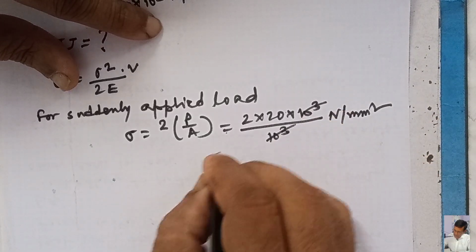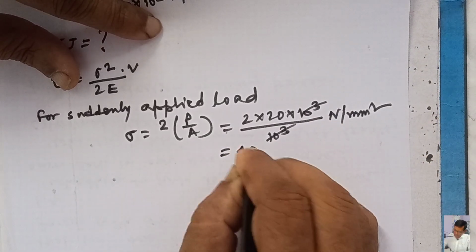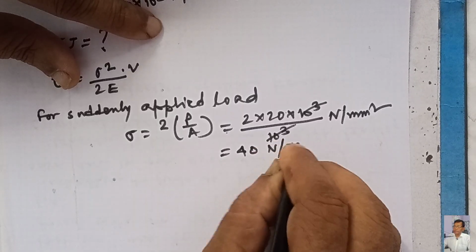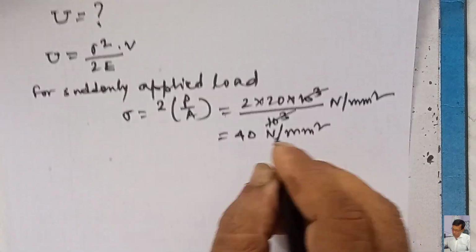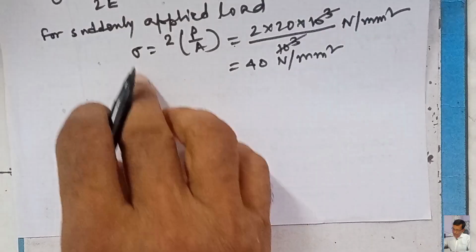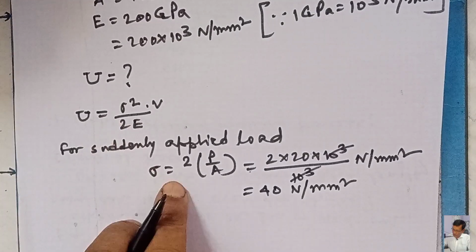If you cancel, it will come 40 Newton per millimeter square. Now we have got sigma.